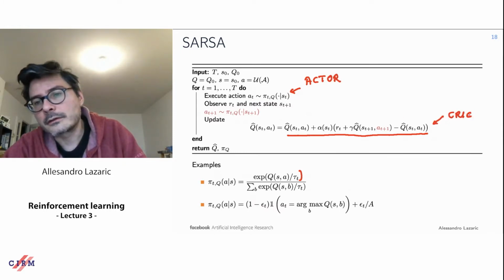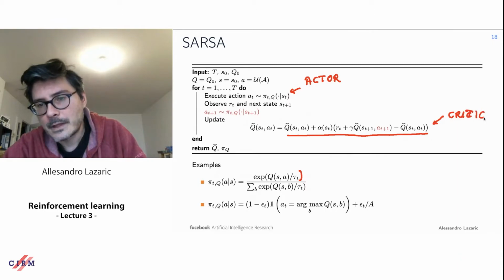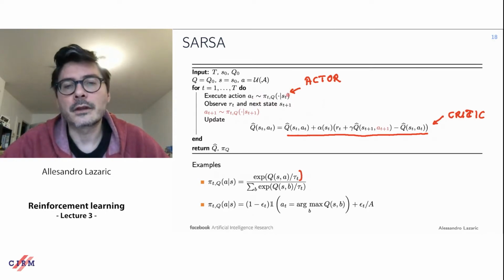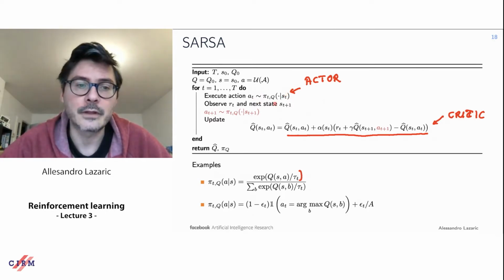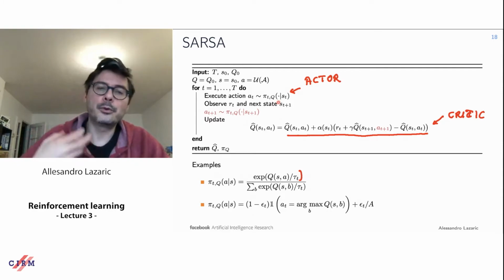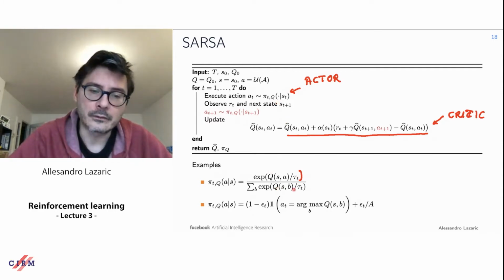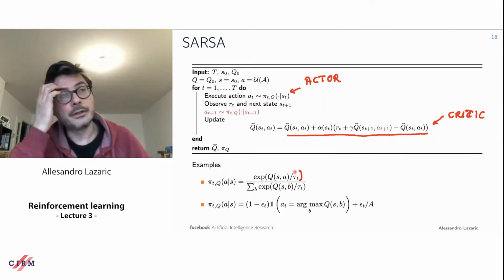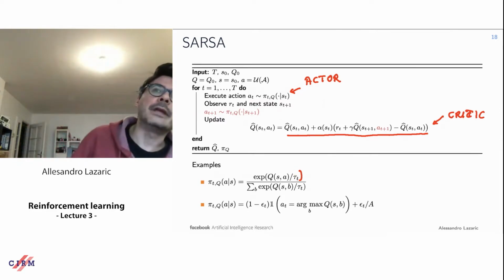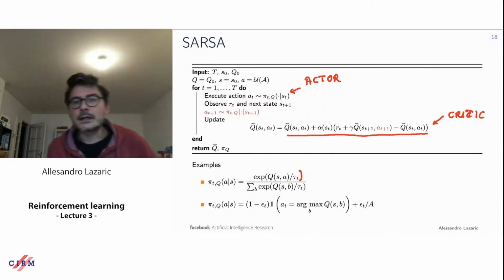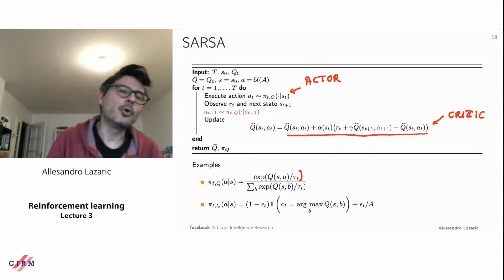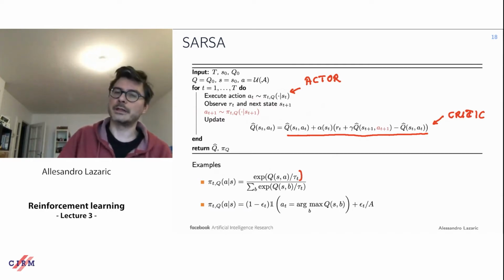So if you notice, I'm not explicitly calling this an update of the actor because the actor is directly computed on the basis of the Q values. We will see, hopefully, towards the end of today, that the practical algorithms based on this actor-critic idea also do a smoother update of the actor.